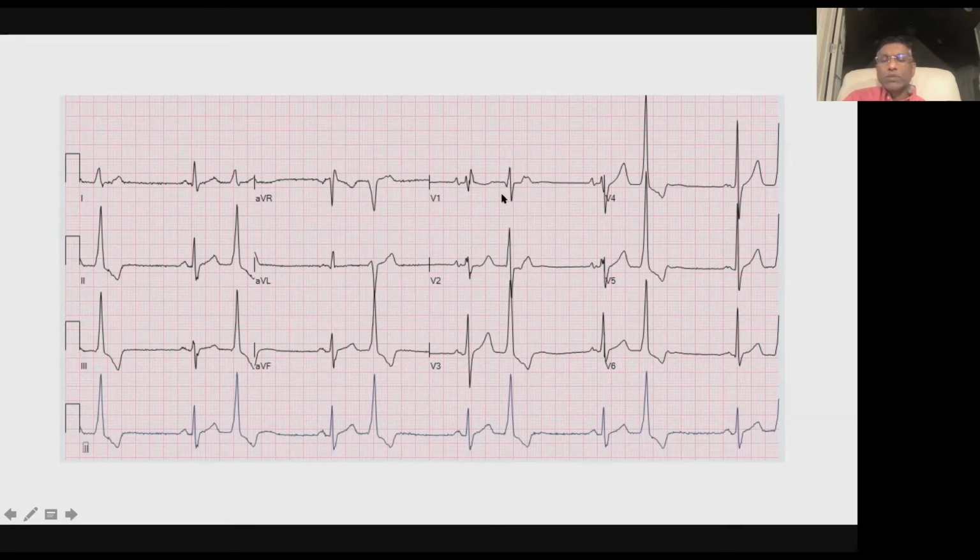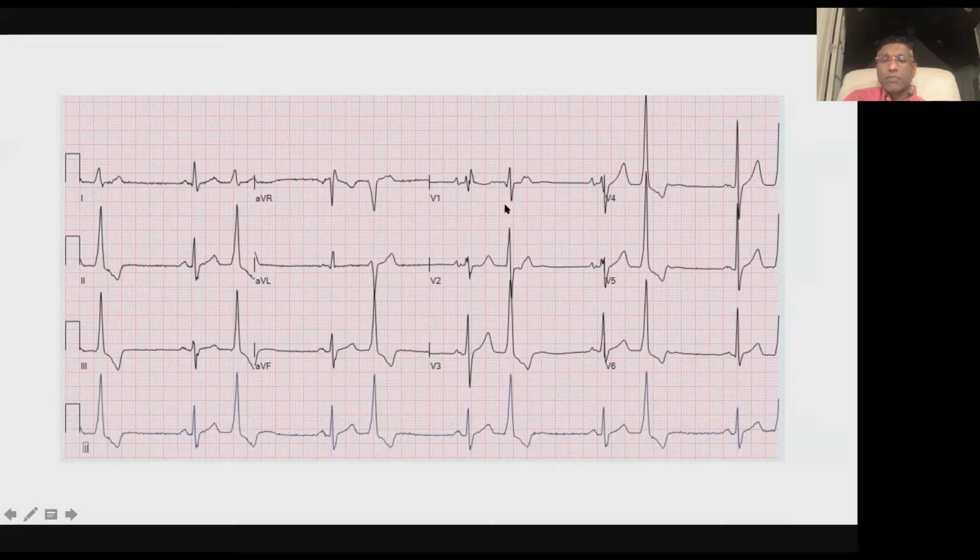So first of all, would we say this is a left bundle morphology beat or a right bundle morphology beat? This one. It's the left bundle. That you said that, because you decide based on the terminal part of the QRS, and the terminal part of the QRS is negative.